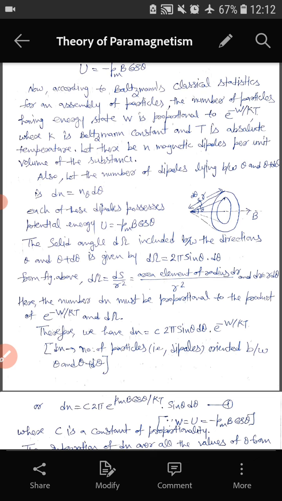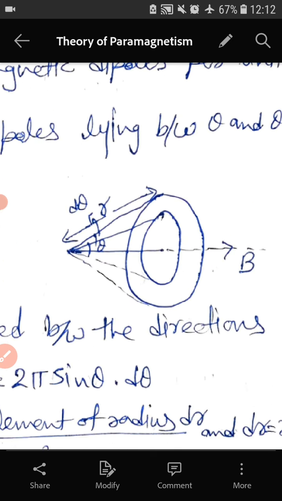Now we will calculate the number of dipoles lying between a range, say theta and theta plus d theta. See in this figure, we have considered an element at an angle theta with B, and another element at theta plus d theta.